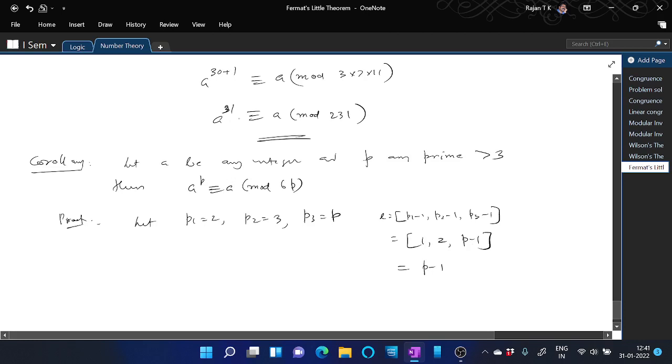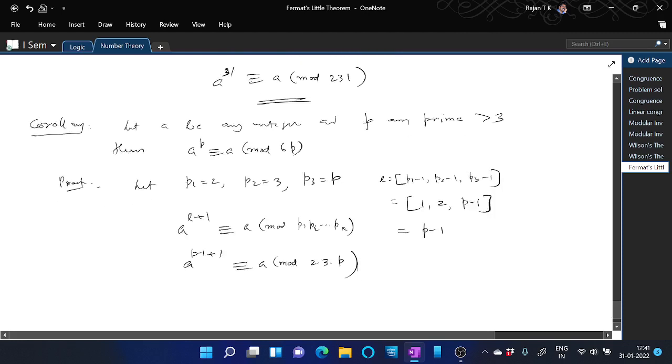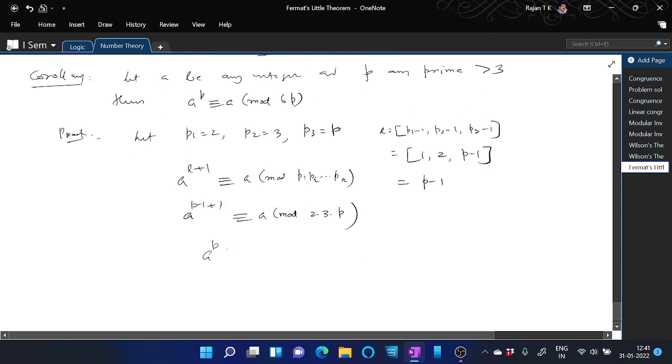And therefore, we have the result A raised to L plus 1 is congruent to A mod P1, P2, etc., Pk. Here A raised to P minus 1 plus 1 is congruent to A mod the product 2 into 3 into P. That is, A raised to P is congruent to A mod 6P. Hence the result.